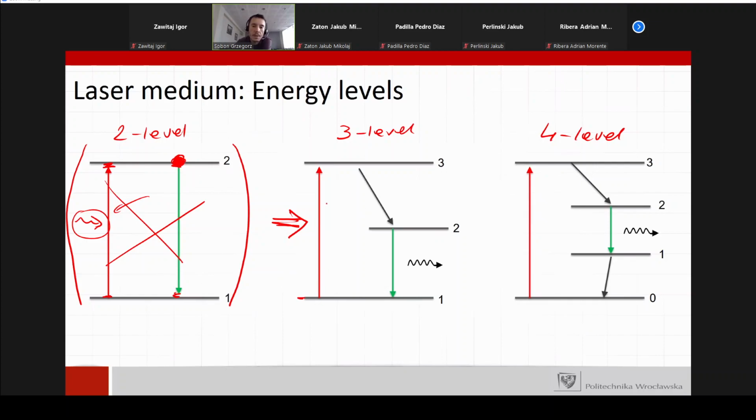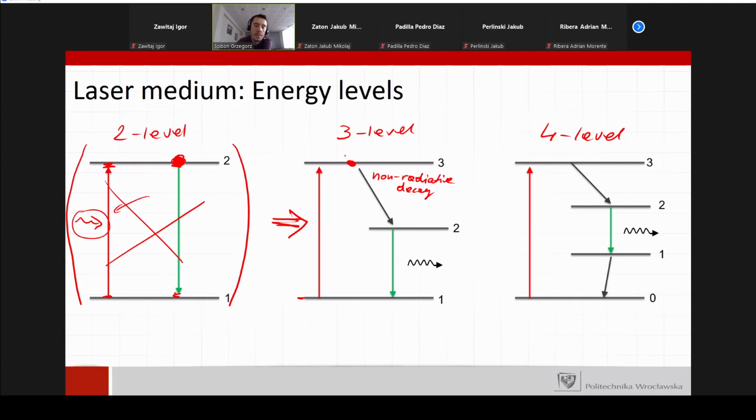So we excite our atoms to the upper energy level, and after some time we will have a non-radiative decay. So this is the non-radiative transition. The atom from this level will just lose its energy, but without emitting a photon.